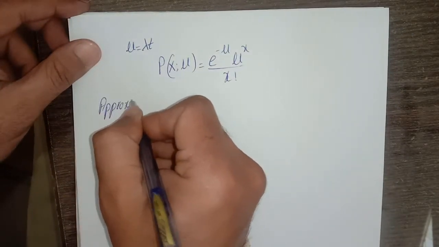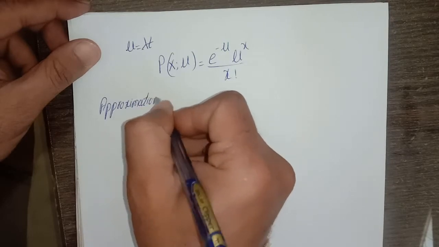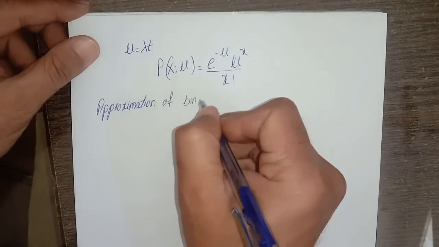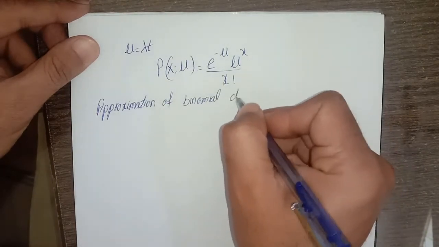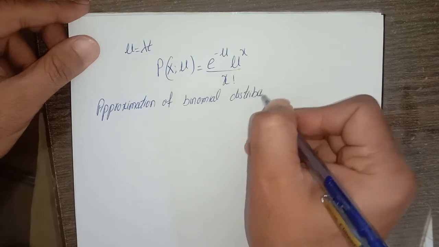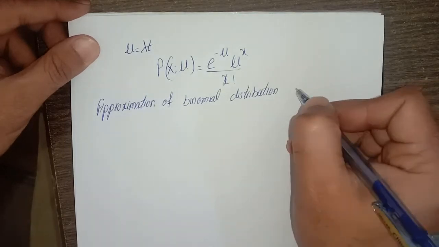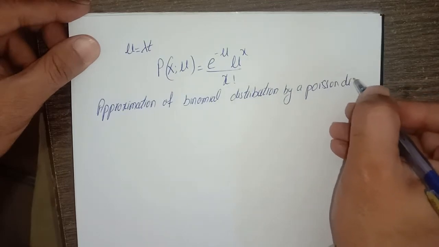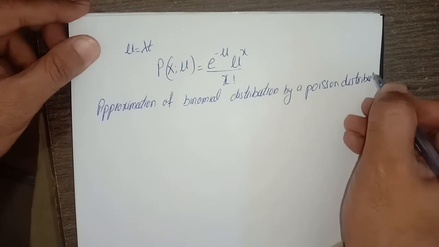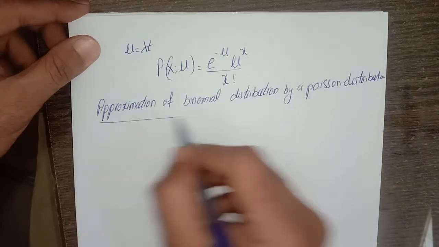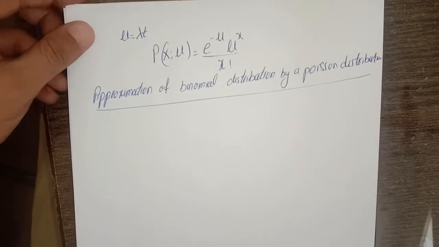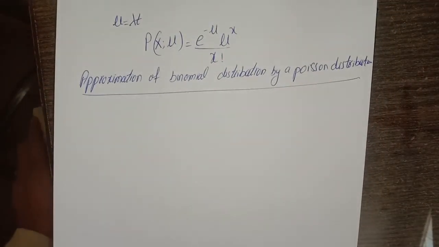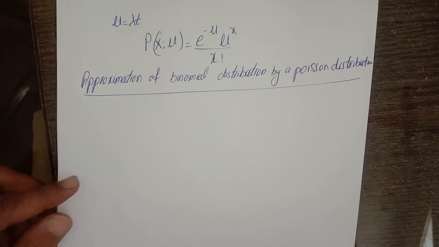Approximation of the binomial distribution by a Poisson distribution.